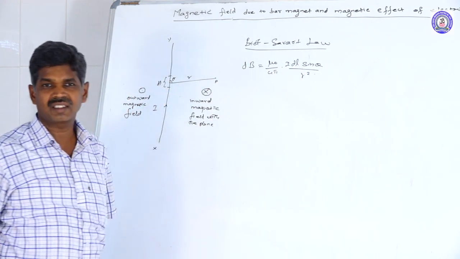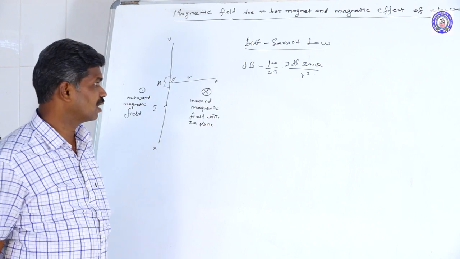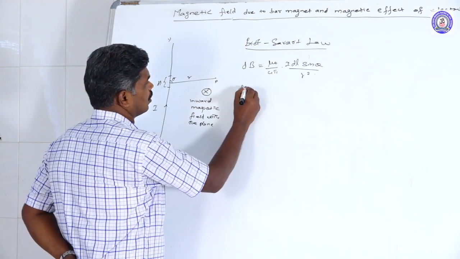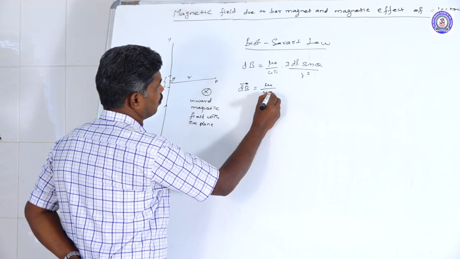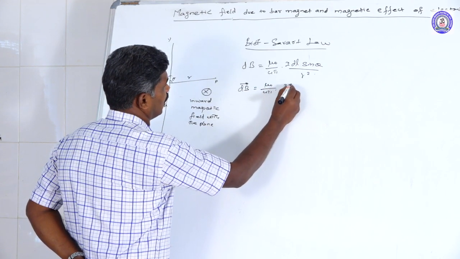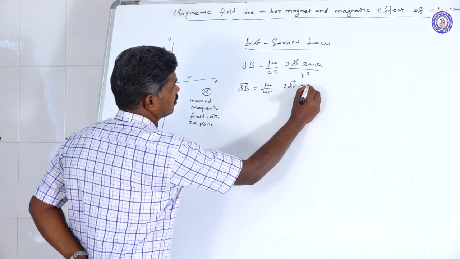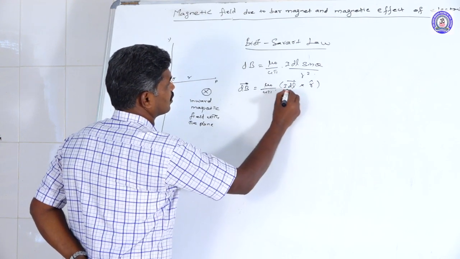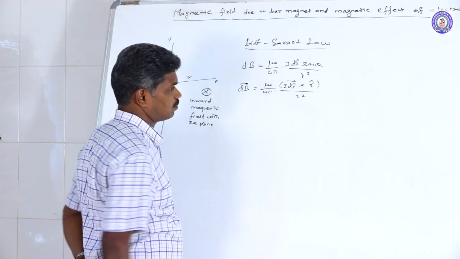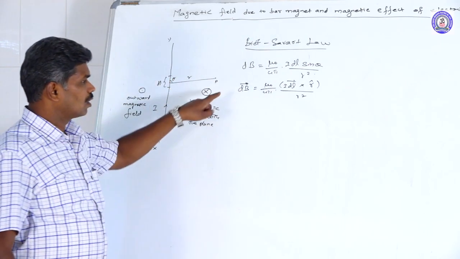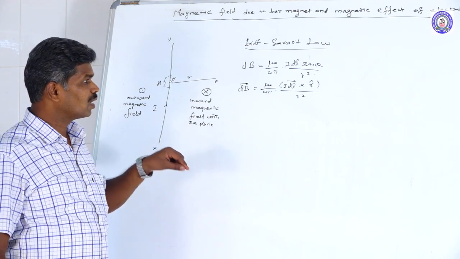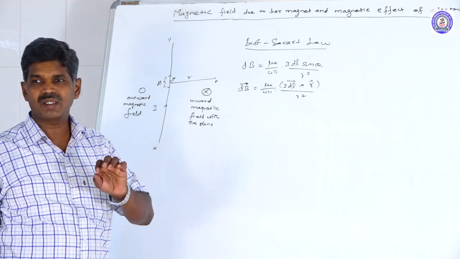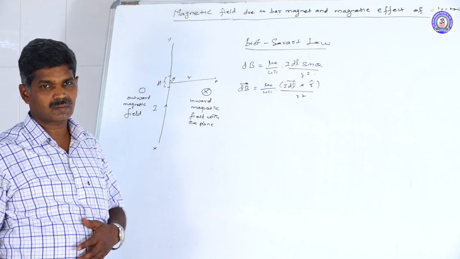But magnetic induction is a vector quantity. We can write it in vector form. dB vector equal to mu naught by 4π into I dl vector cross r cap, the unit vector, divided by r square. That is, the magnetic induction acts perpendicular to the plane which contains the current element and the line joining the element.